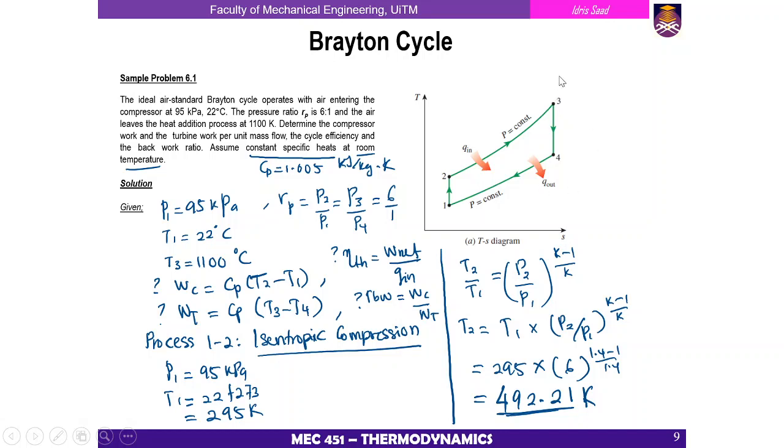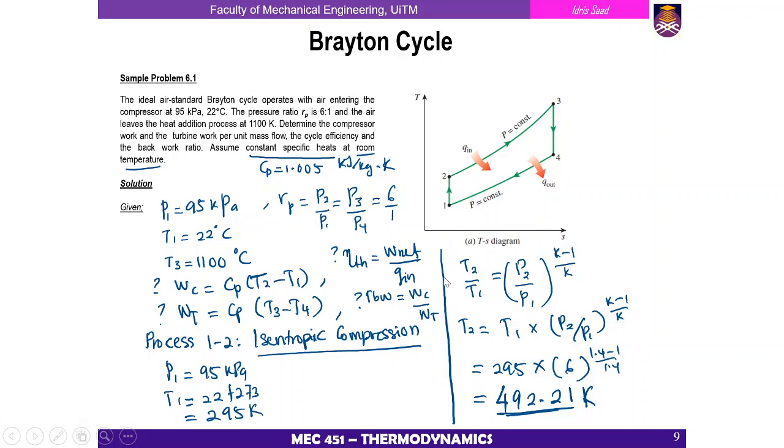Because from the pressure and temperature at each point, we can calculate the efficiencies and also the back work ratio. We need at least 2 data for each point, because with 2 properties we can refer to the tables, but in this exercise we use formulas. Given at point 1 are the pressure and temperature, so from these we can calculate point 2.